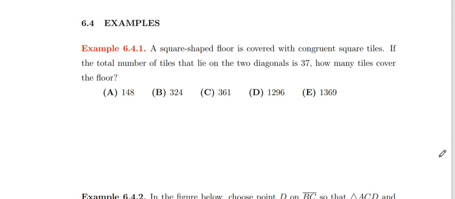Okay, so now let's check some other examples. So it says this one, a square shaped floor is covered with congruent square tiles. So let's check some small numbers. So let's say if we have, okay, like here, so this one is tiled by small squares.